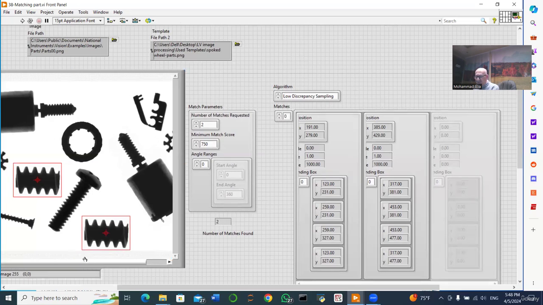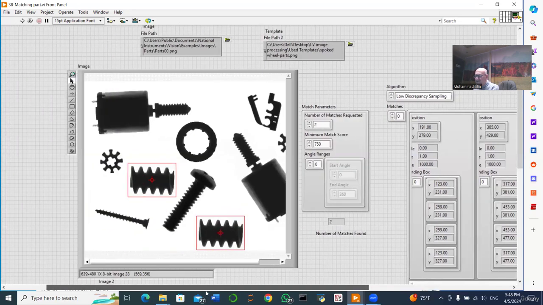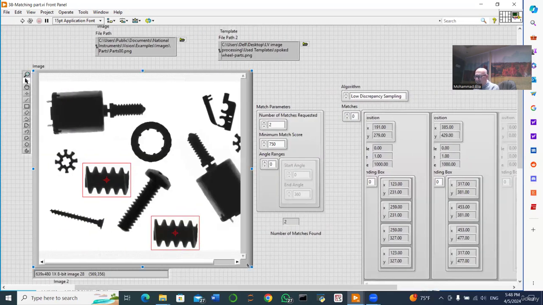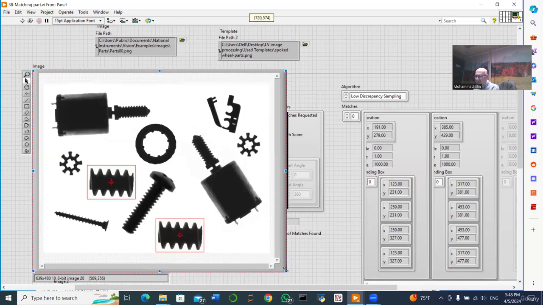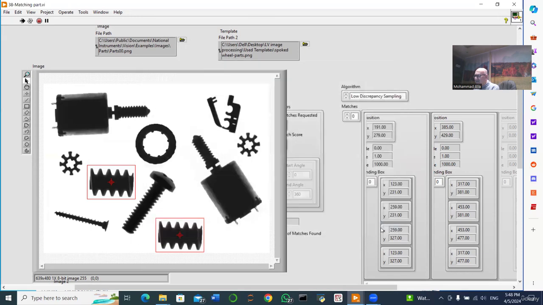If we try to select one part, which is the only one in the image, like this screw, for example. So when we run the program, and we have this screw, we surround this screw by the rectangle and accept it as a template.